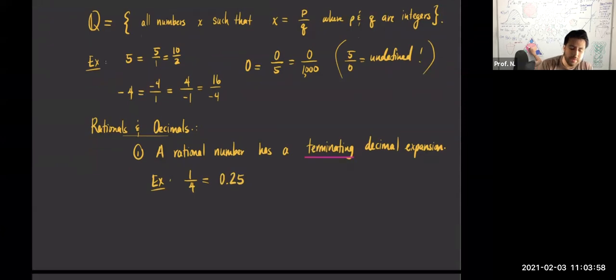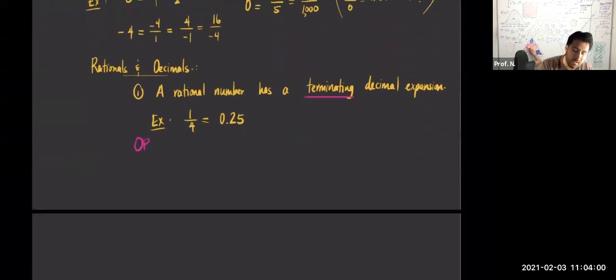Or a rational number may also have... does anybody know what else a rational number could have in terms of its decimal expansion? Does it always have to be terminating?